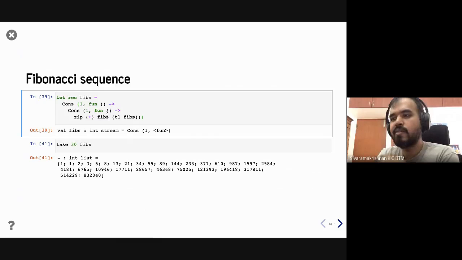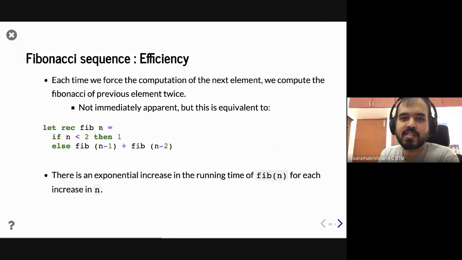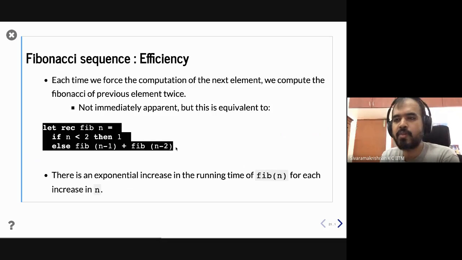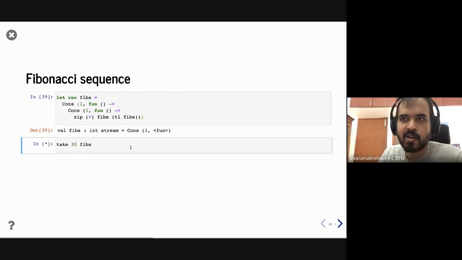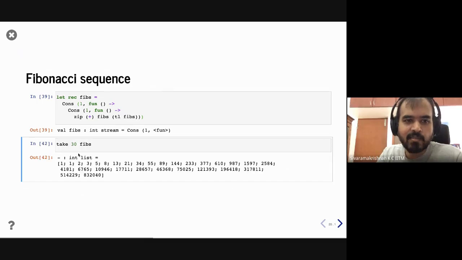It is hard to write down the stream version of it pictorially, but what is happening here is equivalent to this inefficient, exponential way of computing Fibonacci, which is fib of n is fib of n minus 1 plus fib of n minus 2. So every time you increase n, the cost of computing the nth Fibonacci number is increasing exponentially, right? So that is why this implementation takes a lot of time, and if you ask for larger numbers, it's just going to crawl to a halt.